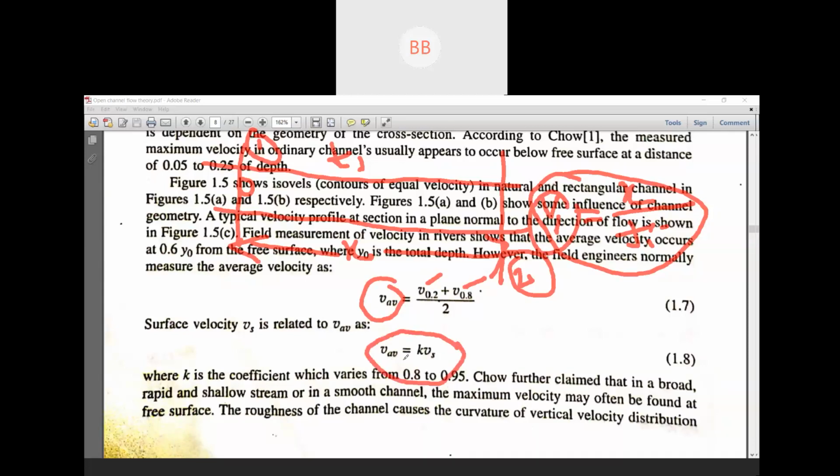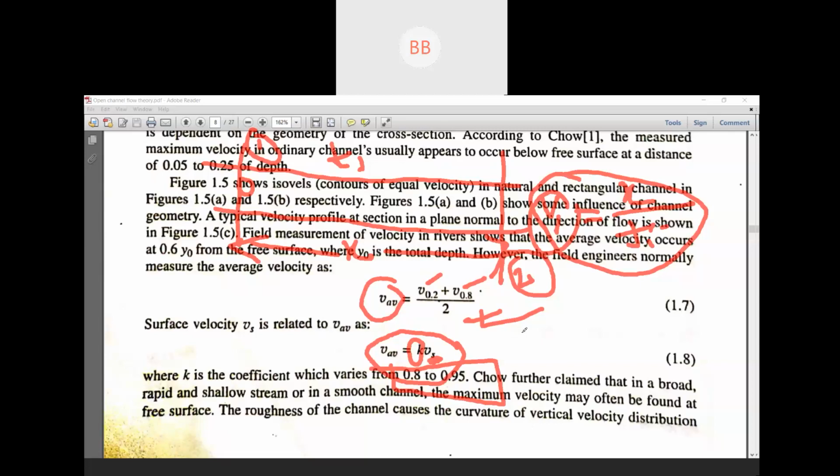The average velocity is equal to a coefficient k multiplied by the surface velocity, because finding the surface velocity is easier than the average velocity, since you need an instrument to measure the velocity exactly at 0.2 and exactly at 0.8. For this, we used one coefficient that we found in the literature, where two scientists from IIT Roorkee did an experiment and found an expression for the Brahmaputra River.